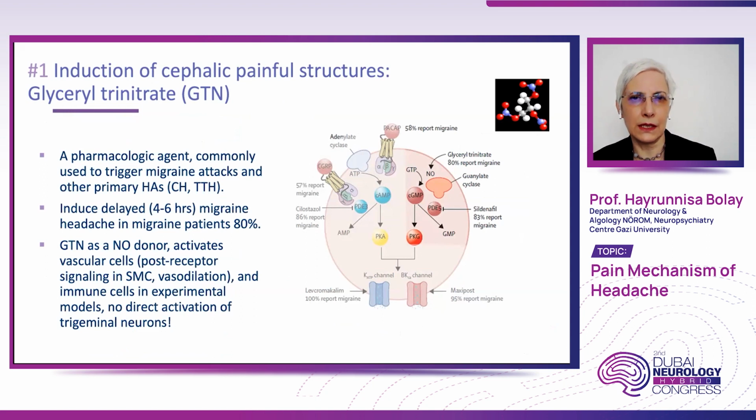Let's see one of the triggers, one of the provoking agents, which consistently and reliably induces headaches in migraine patients. This is glyceryl trinitrate, GTN in brief. It is a pharmacological agent still commonly used to trigger migraine attacks, and also other primary headaches like cluster headache. It induces brief flushing and brief headache in all subjects, but only induces migraine headaches in migraine patients, around 80%.